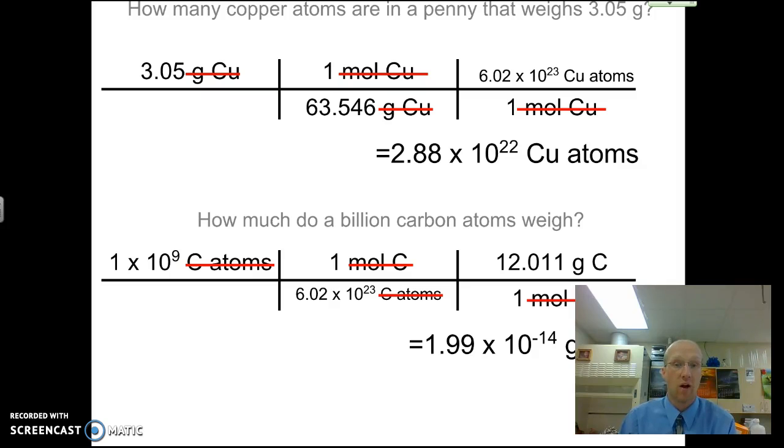I don't think there's a balance anywhere that you could put that mass onto and read it. There's no scale in the world that can do that. We can measure masses like that in other indirect ways, but that is an infinitesimal amount of carbon, and it's a billion atoms. Again, this gives you an idea of both how small atoms and molecules are and how many of them there are in the world around us.